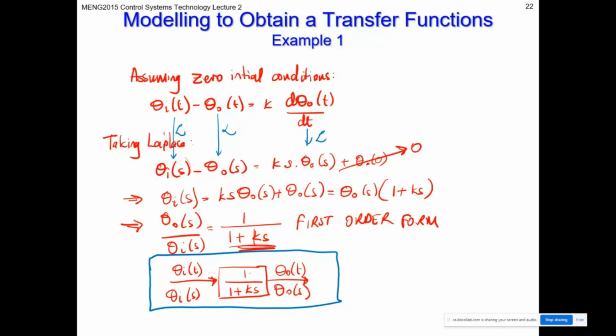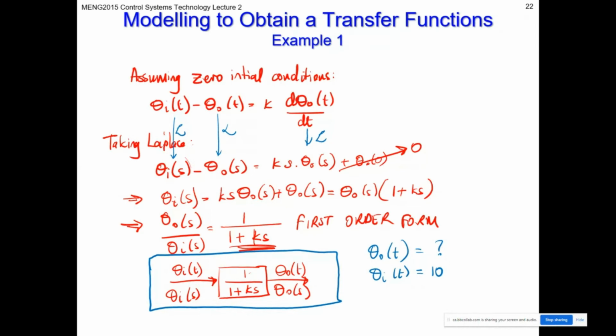Now, we might want to get the time response of the system. So we have the transfer function form, output as a function of input, but what actually is our output as a function of time? Right? We know that our input as a function of time is 10. Right? It's a step input.